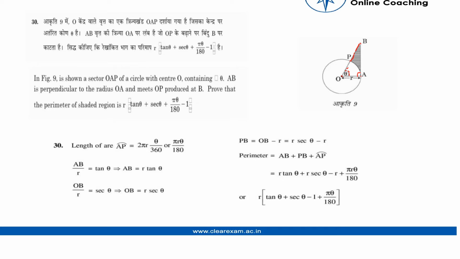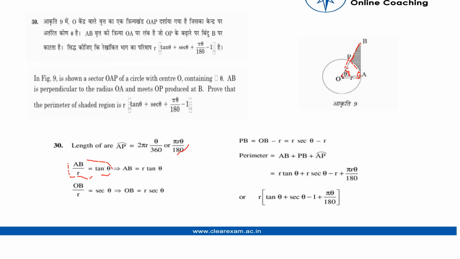First, let's find out the length of this arc, which is pi r theta upon 180. And from this triangle OBA, we know tan theta is equal to perpendicular upon base, which is AB upon r.